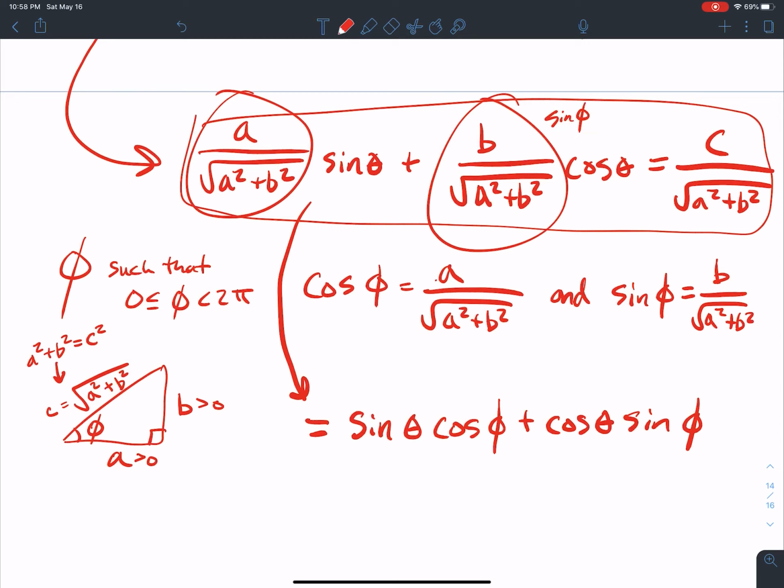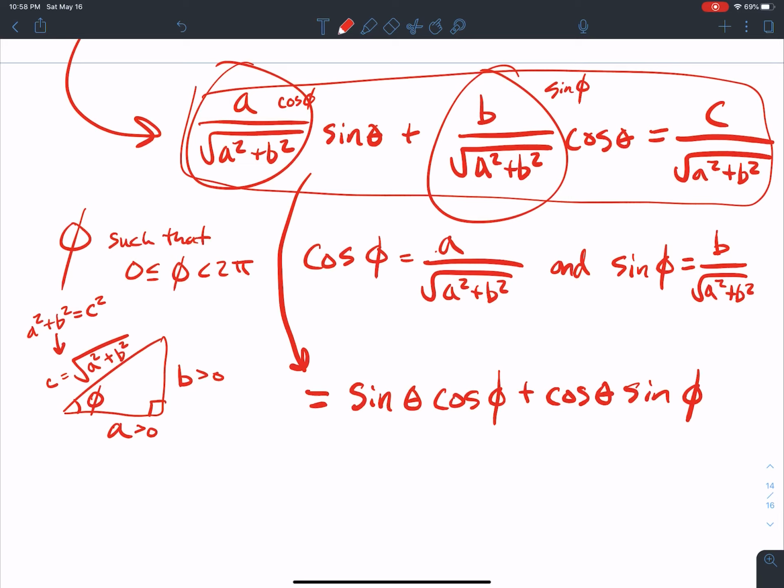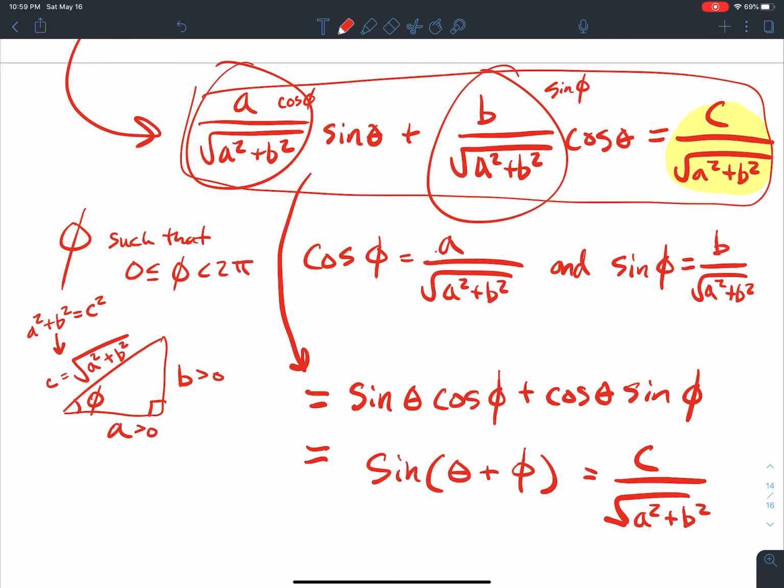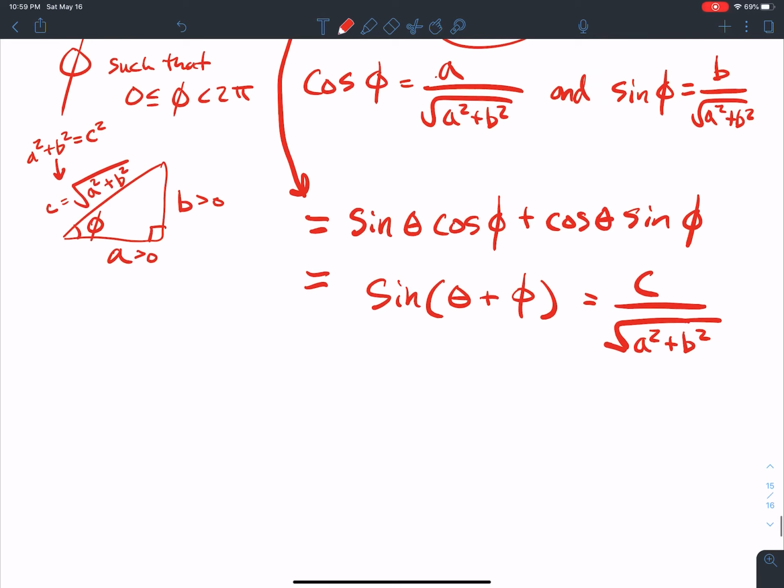And so now I see that this is equal to the sine of theta plus phi. And that's all equal to this c over square root a squared plus b squared business here.